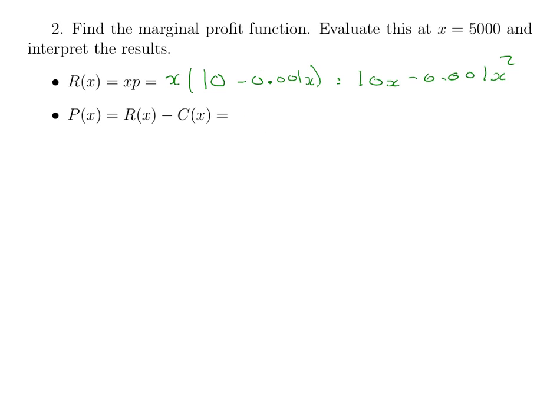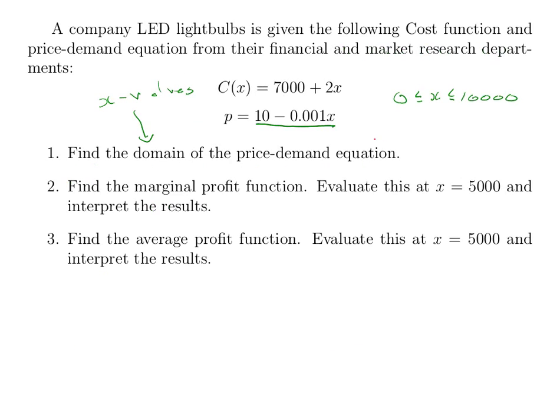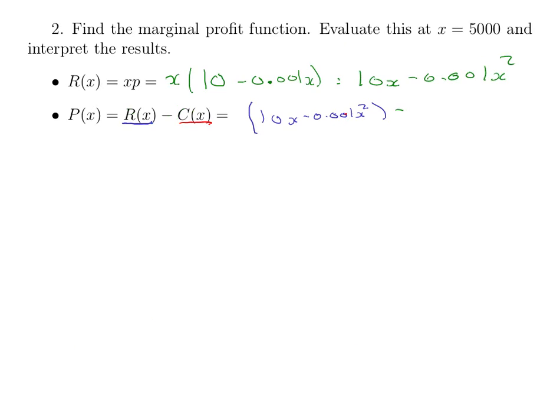So if we want to find profit, maybe I'll call revenue blue and I'll call cost red. We're going to take our revenue function, that's 10x minus 0.001x squared, and we're going to subtract our cost function, which was 7,000 plus 2x.